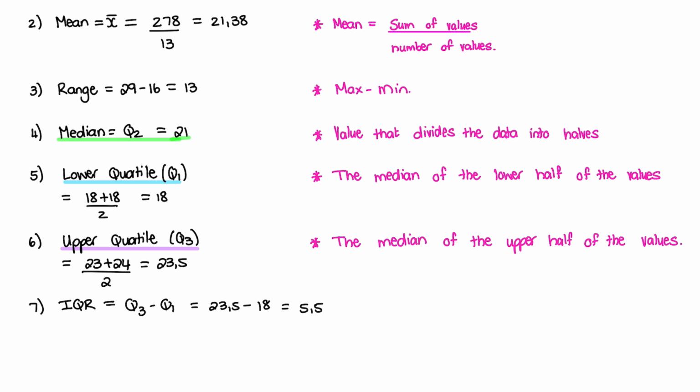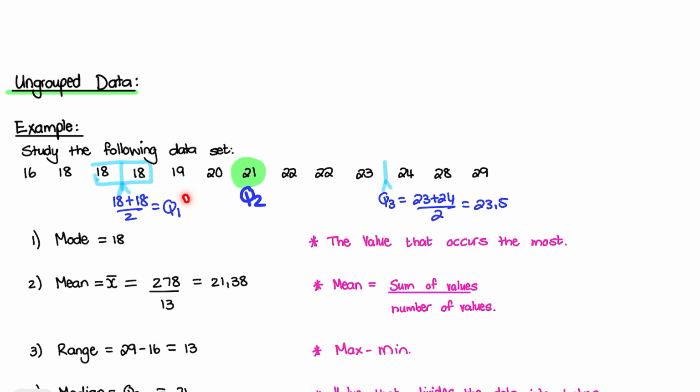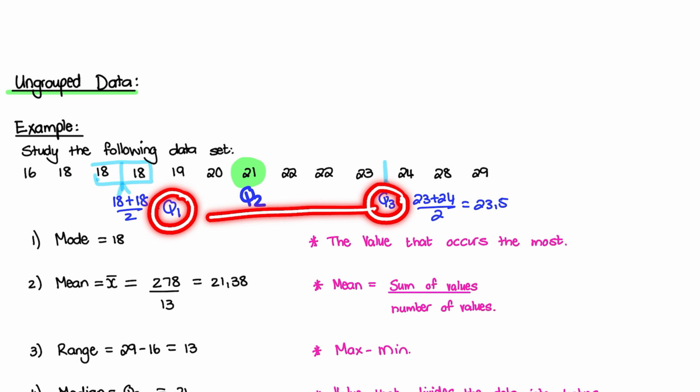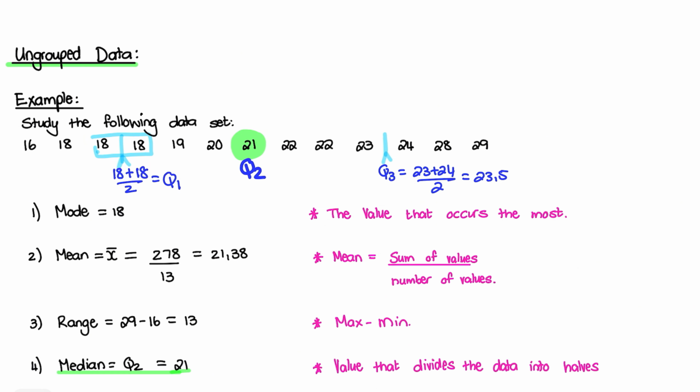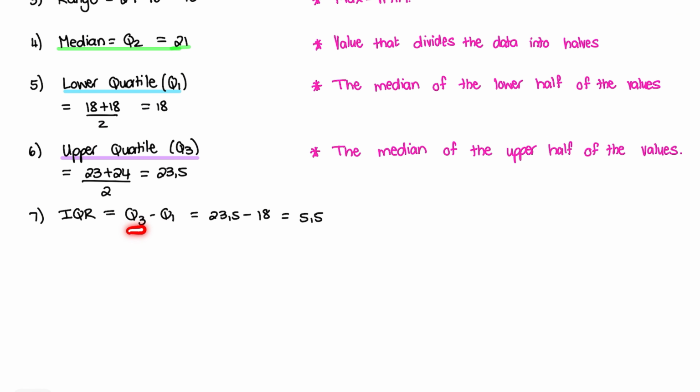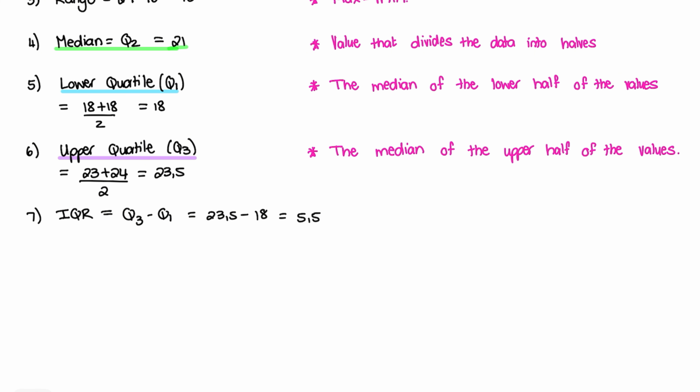But for the interquartile range, can you see they're speaking about quartiles and inter? So in our data set, the interquartiles is quartile 3 and quartile 1. And the range is the difference between quartile 3 and quartile 1. So that is Q3 minus Q1, which we have from our previous questions. And that value is 5.5.